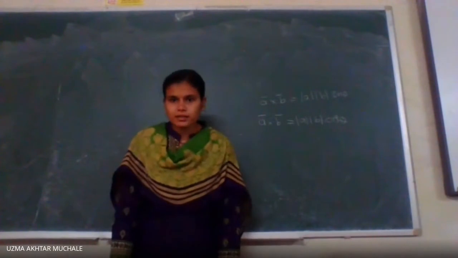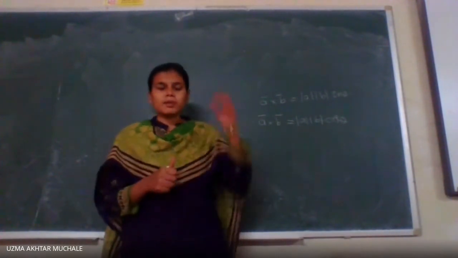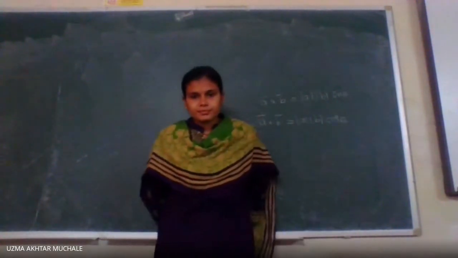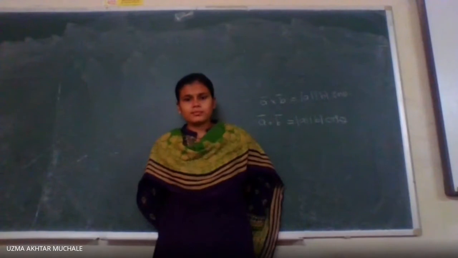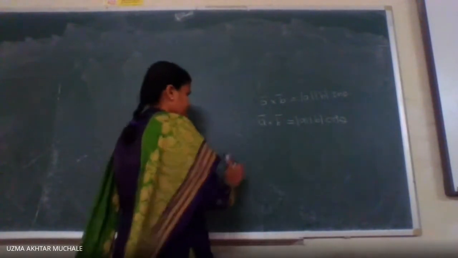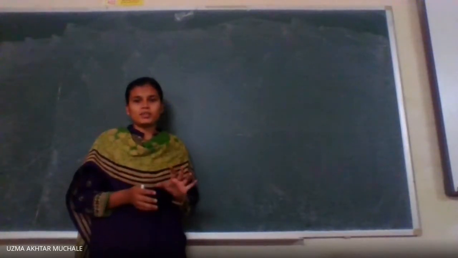Have you heard that there should be a geometric interpretation behind the dot and the cross product? In the 9th, 10th or 11th standard, you have studied what a cross product is.